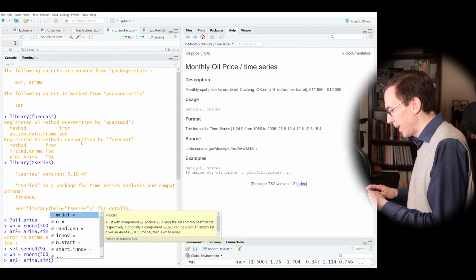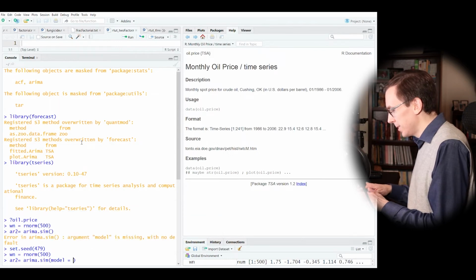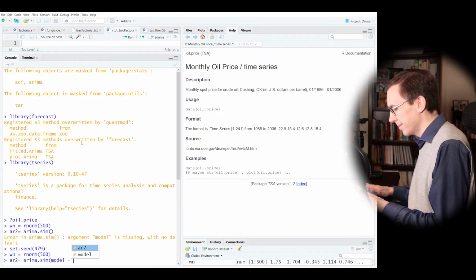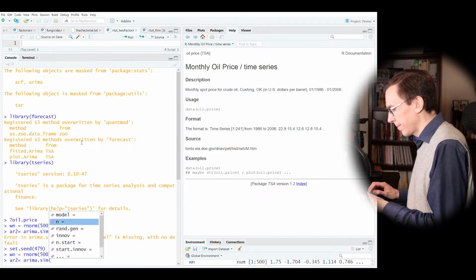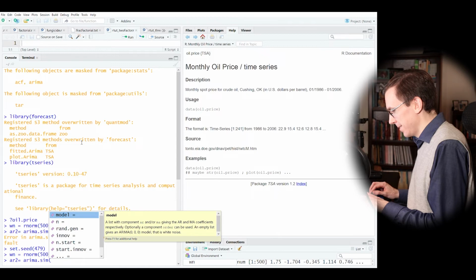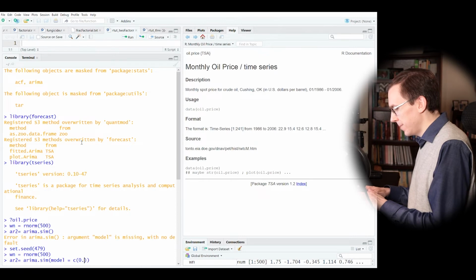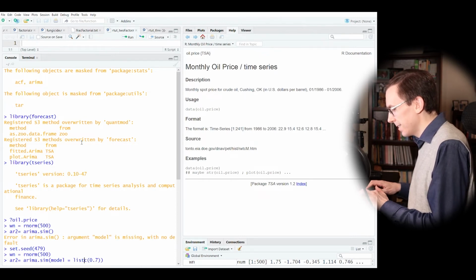In this case, we need the model. The model is going to be, well, yeah, that's right. I believe I need a list, a list component with the AR and the MA. So my AR piece is going to be, let's say, 0.7 and let's say 0.2.